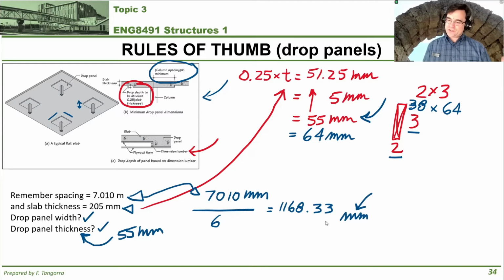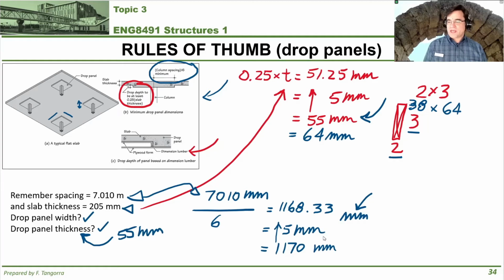So is that the answer? No. Don't forget, we have to round up to the nearest 5 millimeters. So that means the half width is 1170 millimeters.